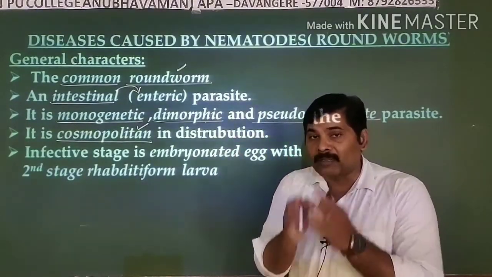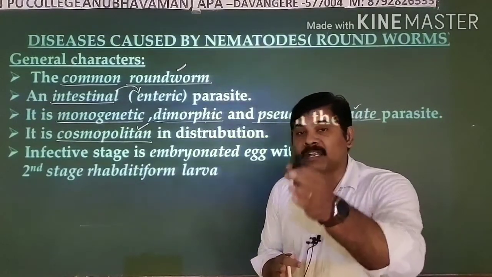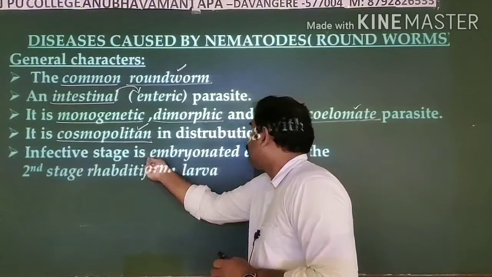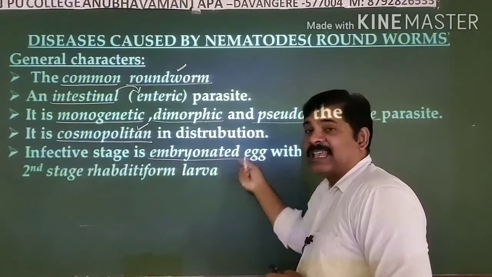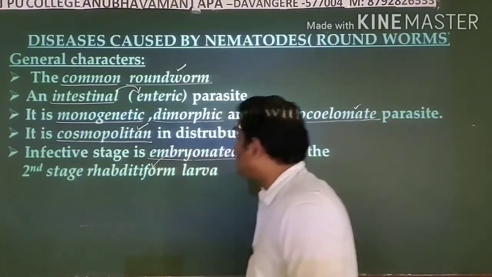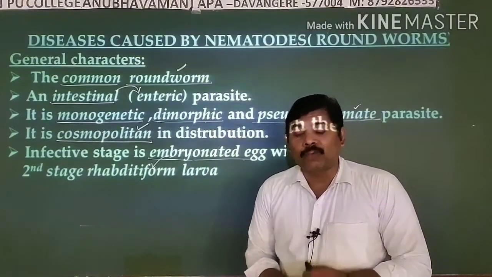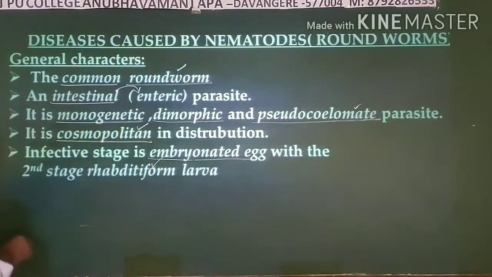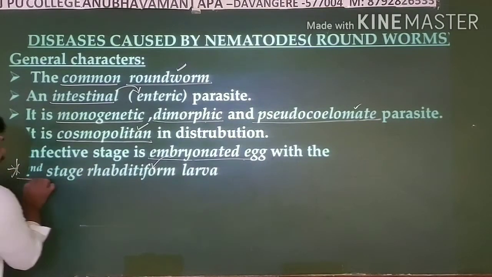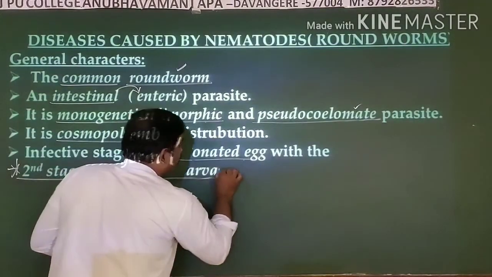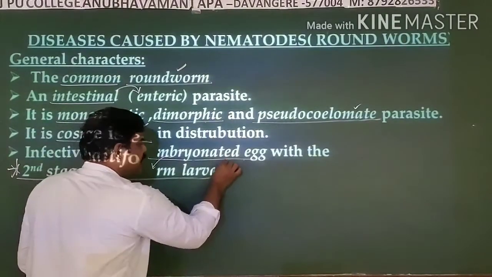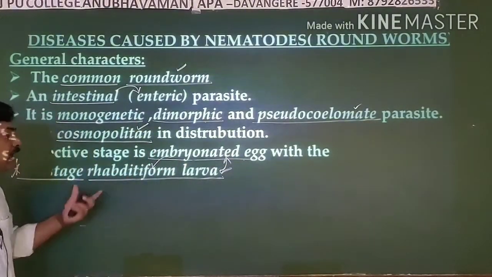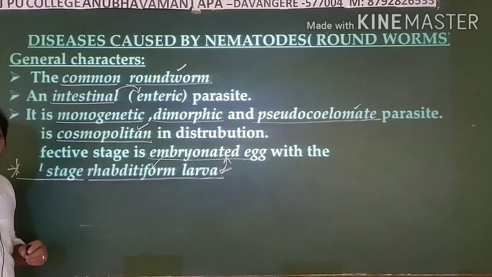Ascariasis also has a particular infective stage at which it enters the human body, and that stage is the embryonated egg. This embryonated egg contains the second stage rhabditiform larva, which is the infective stage to the human being.